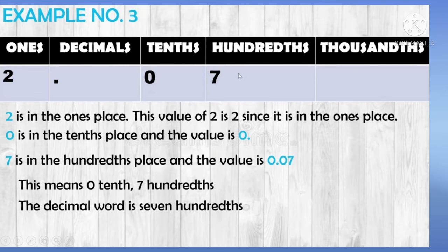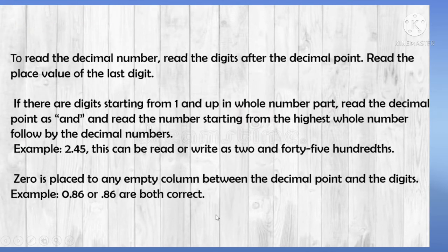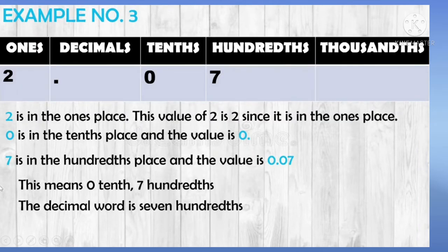Okay? The decimal word is 7 hundredths. Or we can read that as 2 and 07, or 2.07. That is how we read 2.07.